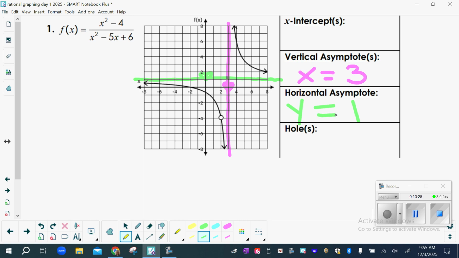Okay, next step. Let's find the x-intercept. Where does it hit the x line? It's a point. It's a single point.